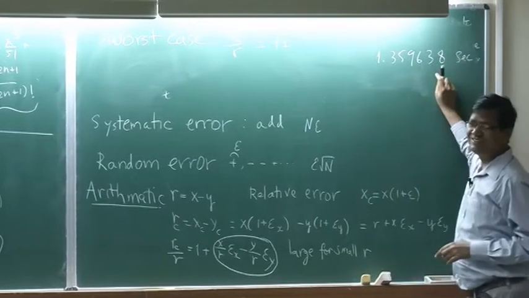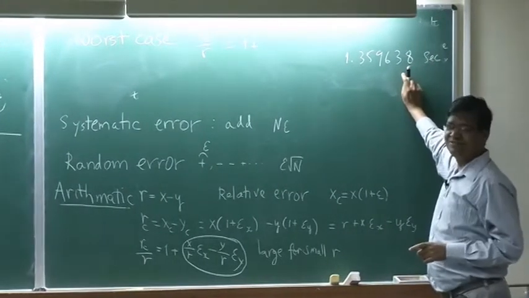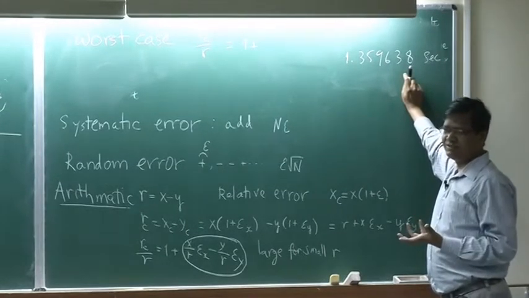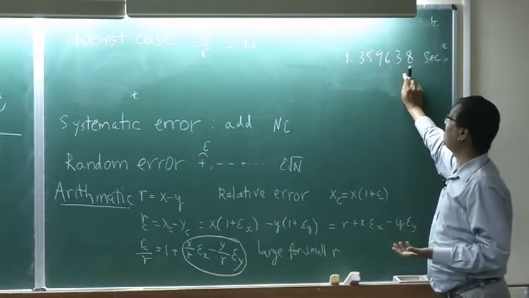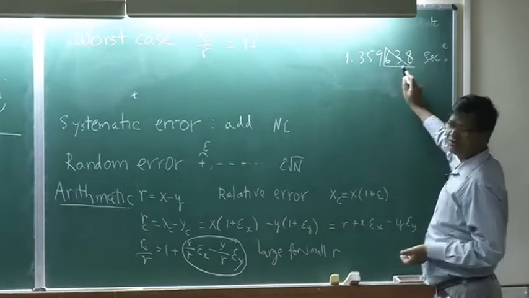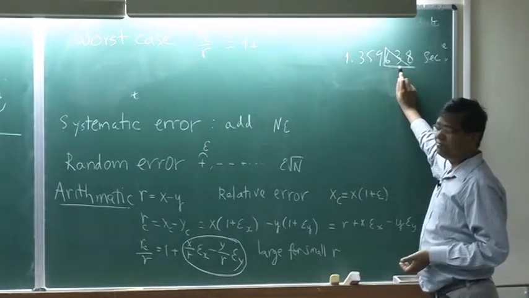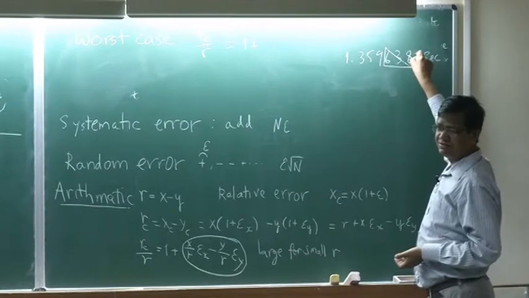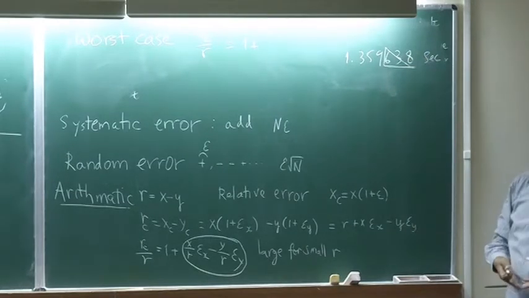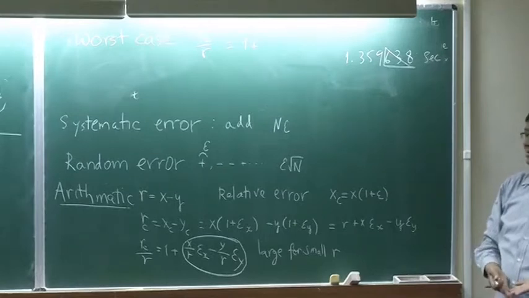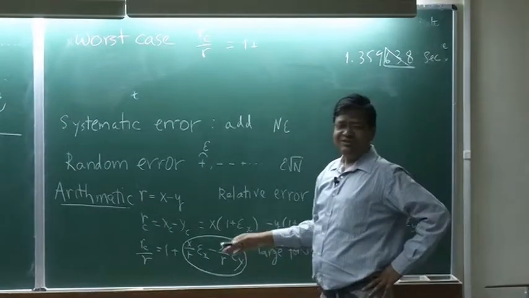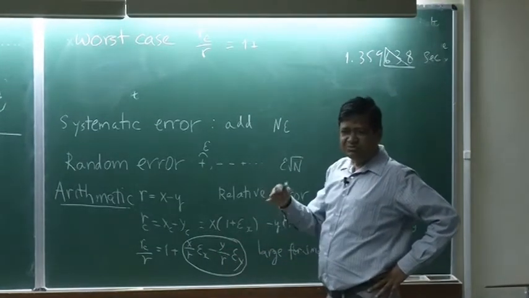So should I write like this? Where should I cut off? Your watch has an accuracy, let us say a millisecond. So I should not have any of these digits. If it is microsecond, then I can keep this. So we should keep only digits which are reliable. Similarly, I am going to make only an estimate. I am not going to say the error is this number. Error is bounded by this number.